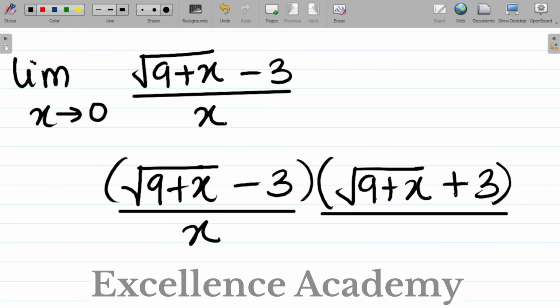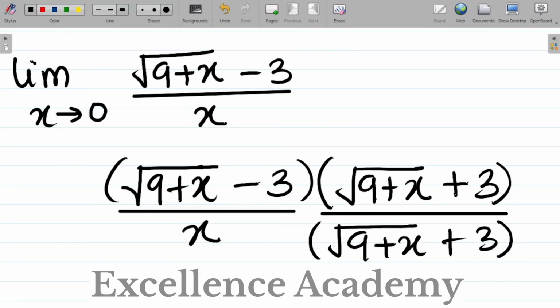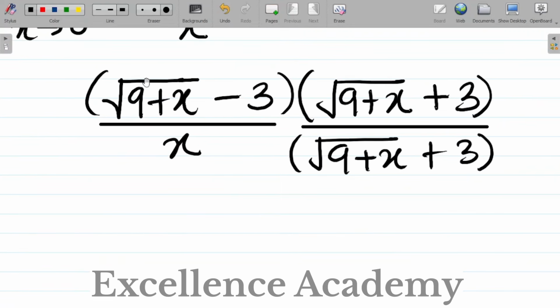Do the same thing to the term below. That becomes multiplying this by root 9 plus x, then plus 3. So basically, that's your first step. Whenever you see a square root sign, the task is to multiply both numerator and denominator by the conjugate of the term with the square root sign, which is this one here.